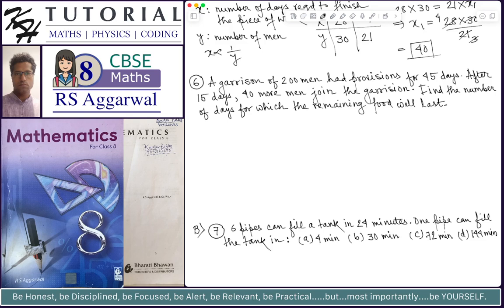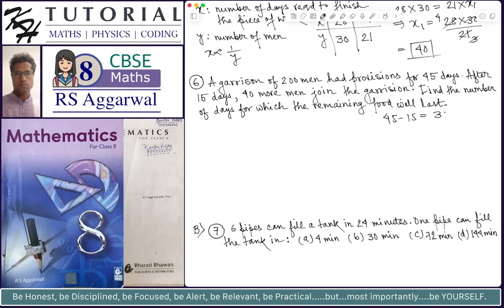After 15 days, the scenario will be that 15 days have passed. Now 45 minus 15 is 30.